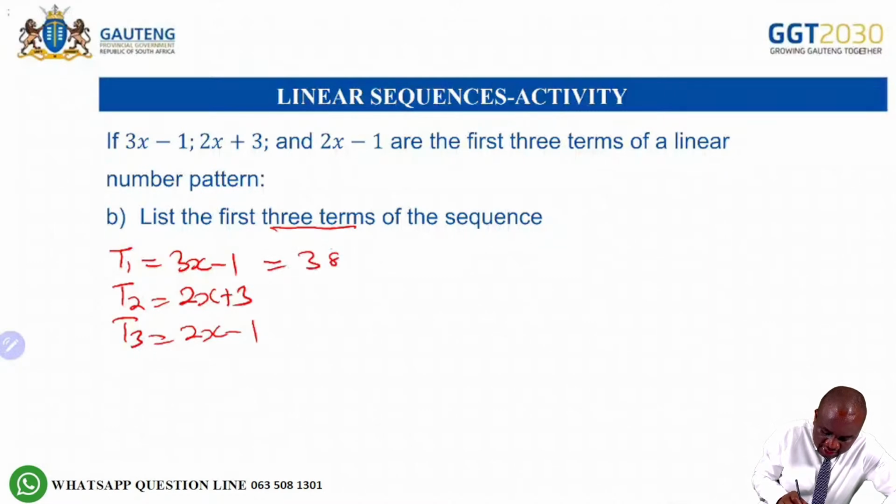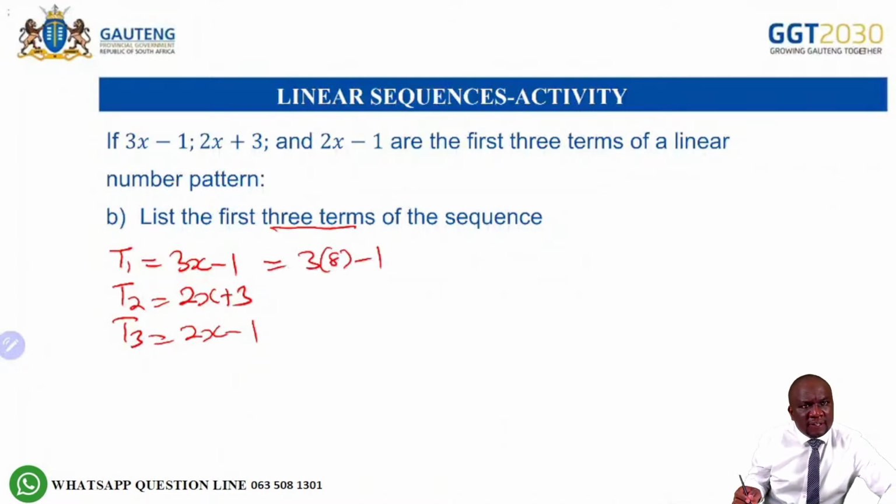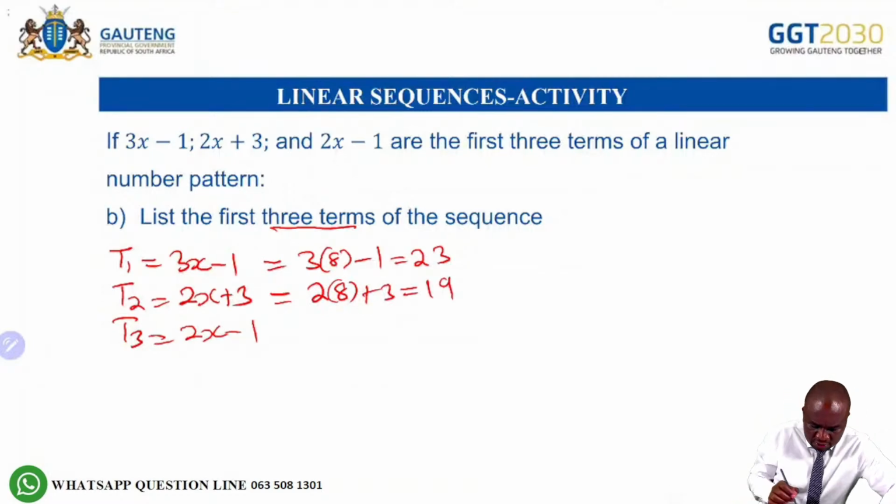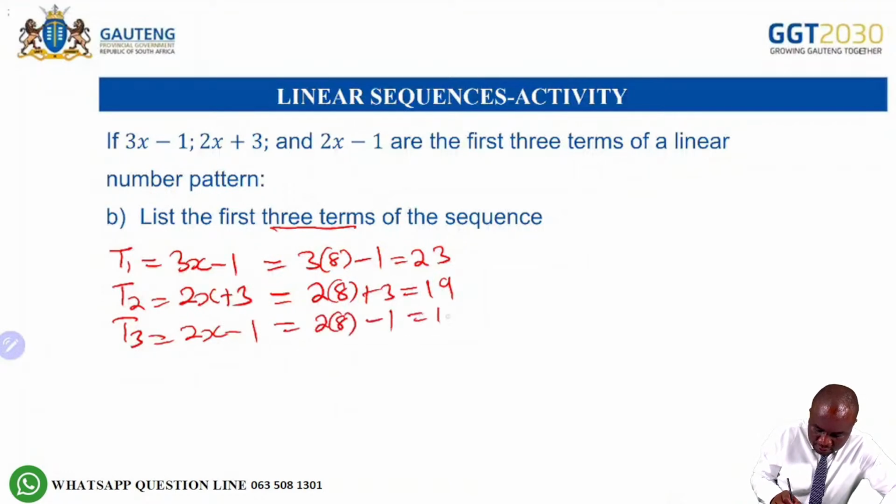So 3 times 8 minus 1. What do we get? 3 times 8 is 24. 24 minus 1 is 23. And then 2 times 8, which is 16, plus 3 is 19. And then 2 times 8, which is 16, then 16 minus 1, which is equal to 15.